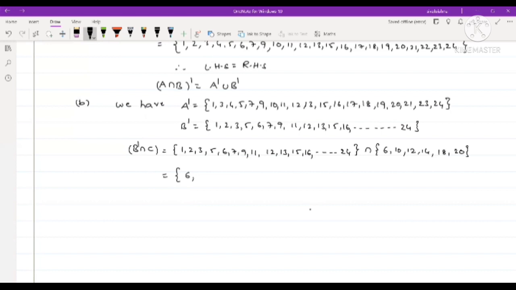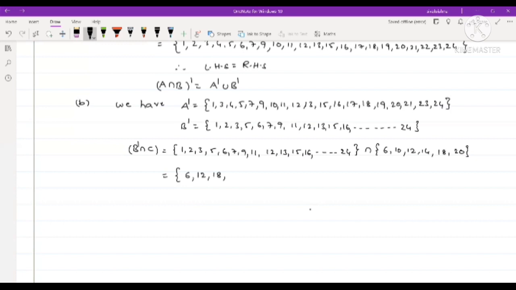After 6 we are having 10 in common? No, we are not having 10 in common. Next we are having 12 in common, so we have to write 12. After 12 we are not having 14. After 14 we are having 18 in common. We are having 18 in B' and also 18 in C, so we have to write 18 in the intersection.